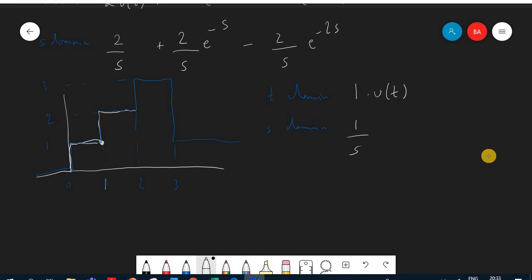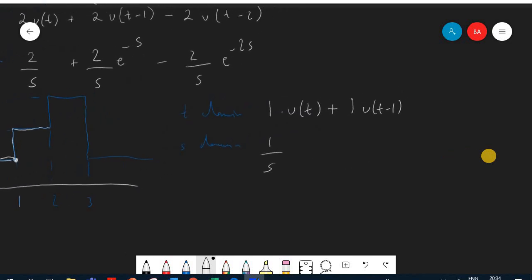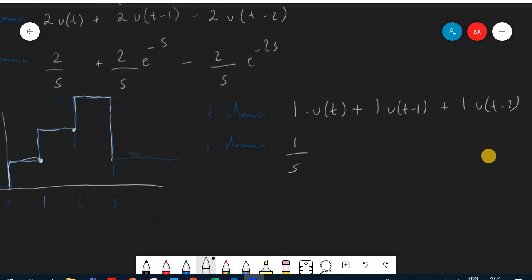Okay, so another step input of 1. I said step input of 1, like from 1 to 2, which is 2 minus 1. So it's a step input of 1 that happened at 1 second. Okay, and then another step input of 1 that happened at 2 seconds, and then there is nothing happening, and then a step input that happens at 3, but this is like it goes from 3 to 1, so it's minus 2.